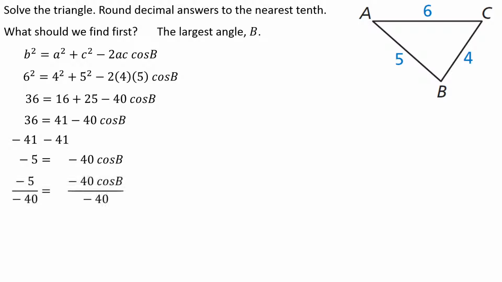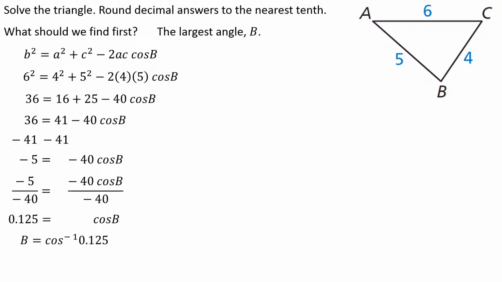Divide each side by -40. And I've got a positive 0.125. Now, I know that angle B is less than 90 degrees because 0.125 is positive.